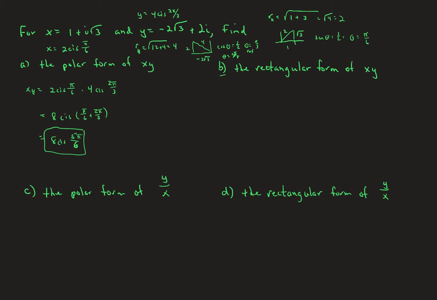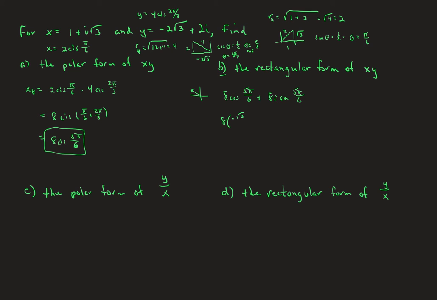Part B, to put it in rectangular form, we're going to get 8 cosine of 5 pi over 6 plus 8i sine of 5 pi over 6. So cosine of 5 pi over 6 is going to have a reference angle of pi over 6. That's going to be square root of 3 over 2.